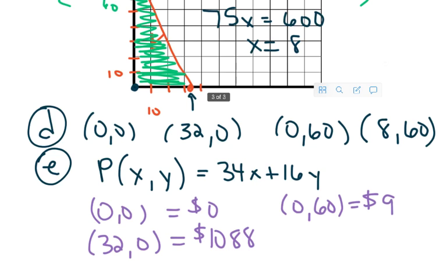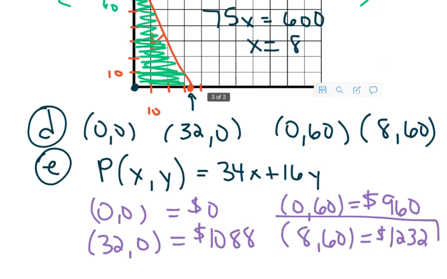I'll make $960. How about if I make 8 cakes and 60 pies? I'll make $1,240. So guess what my maximum income for the week will be? It'll be $1,240 if I make 8 cakes and 60 pies.